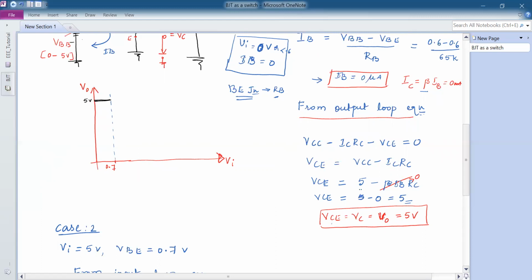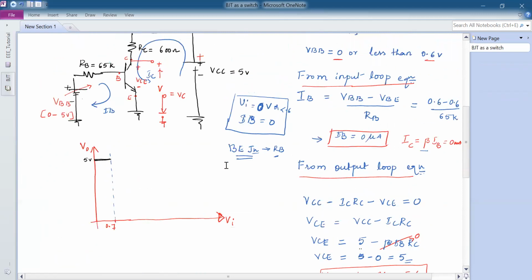Finally, our output voltage, the collector-to-emitter voltage, is the same as the collector voltage because the emitter voltage is 0, which is also the same as the output voltage V0, and it turns out to be 5 volts.